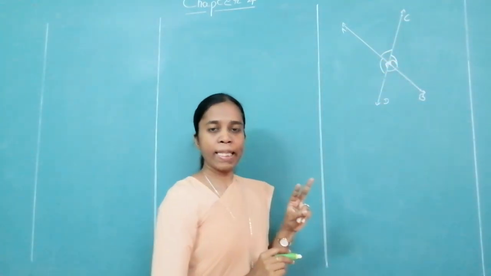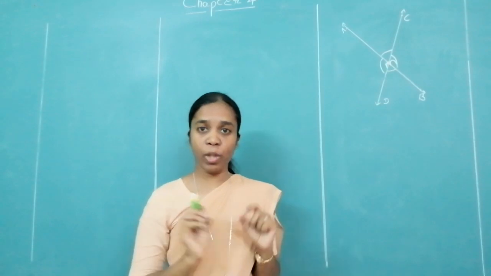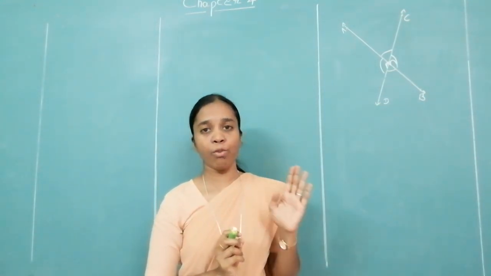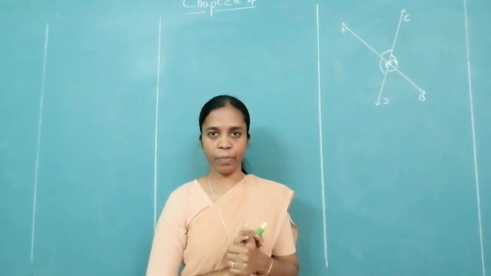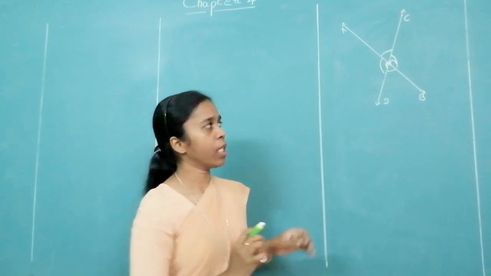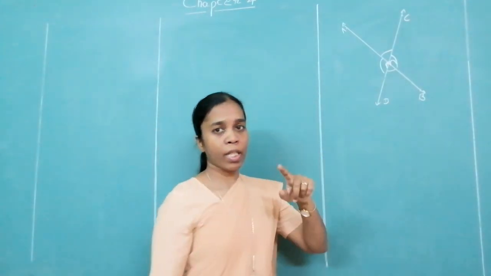So when two lines intersect, 4 angles are created.